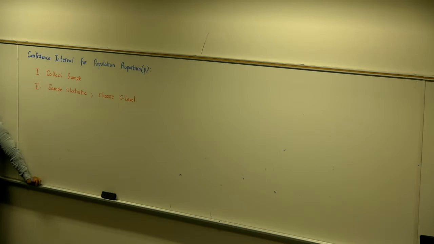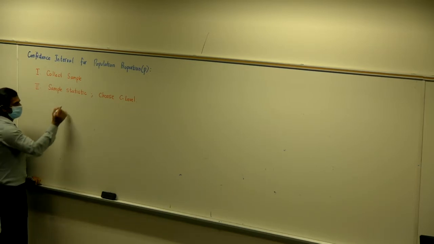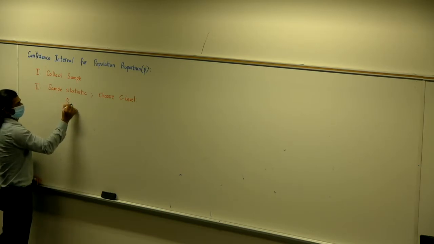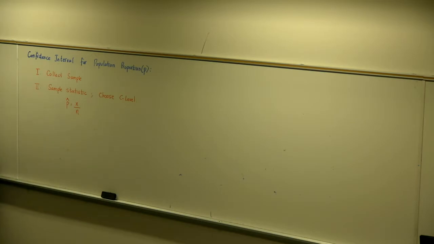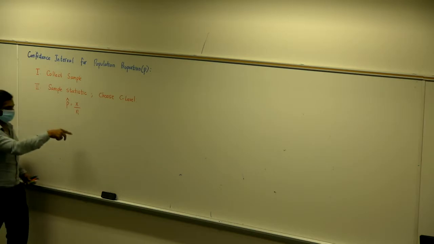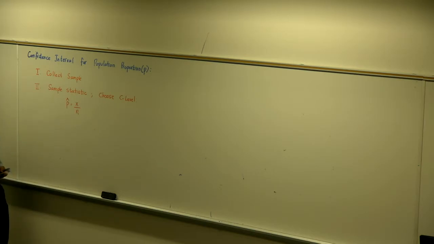Last time it was X bar and the standard deviation. This time it's simply p hat, and that would be X over N. N would be the sample size and X would be the number of observations that favor the sample size N. I'll do an example and it'll make sense.